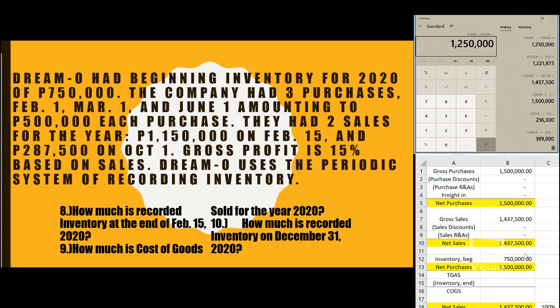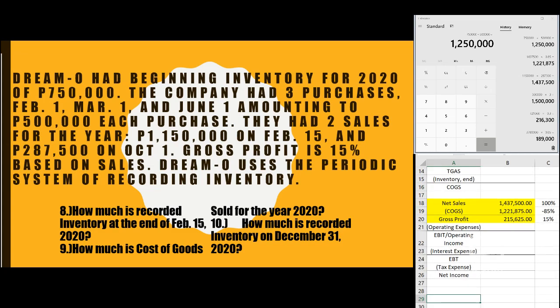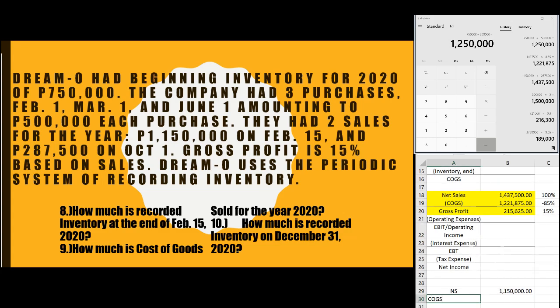But, remember, yung 1,150 na yan, that is the selling price. Kailangan natin kunin ang cost. So, sige. Wait lang. Gawan ko ng konti dito. So, ang sales natin, net sales natin is 1,150,000. Okay? So, computein natin yung cost of goods sold.